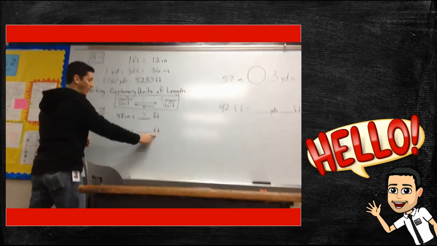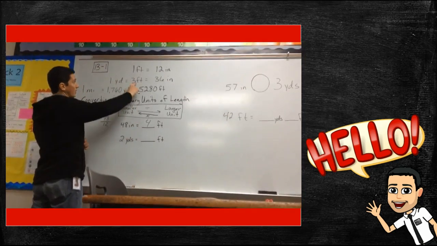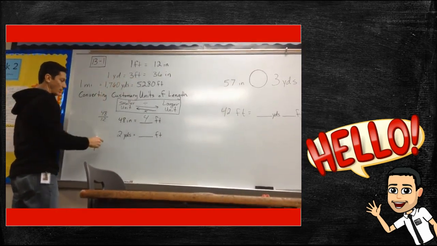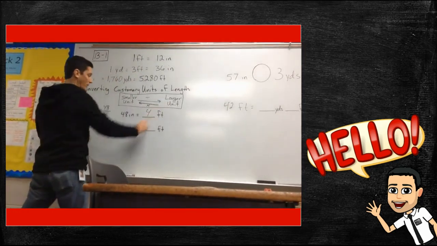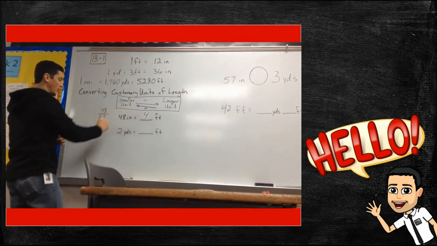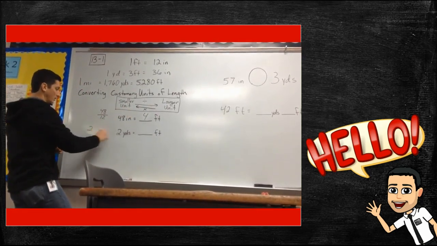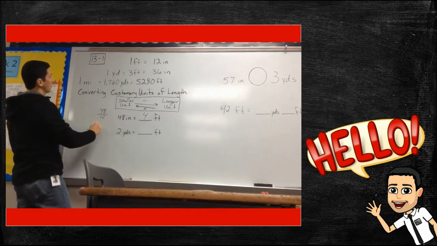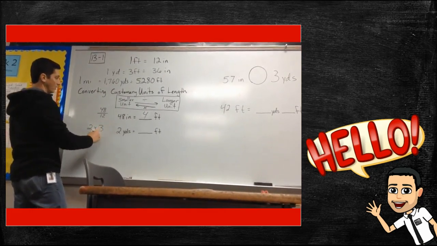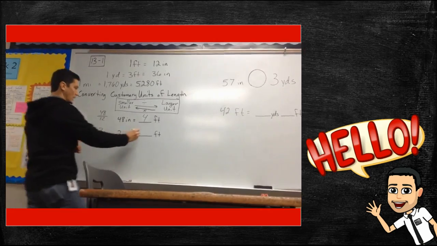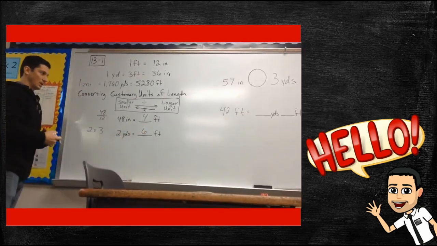No, that doesn't work. How many feet are in a yard? Okay, there are 3 feet in every yard. So, since you're going from a larger unit to a smaller unit, you're going to multiply. 2 times 3. Because there are 3 feet in every yard. So your answer is 6.